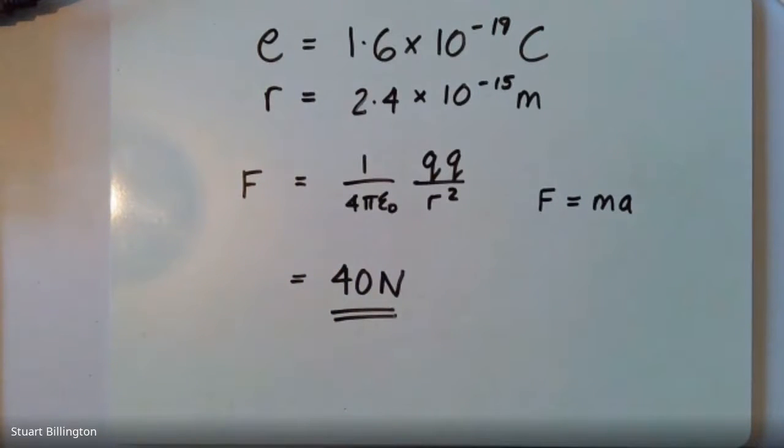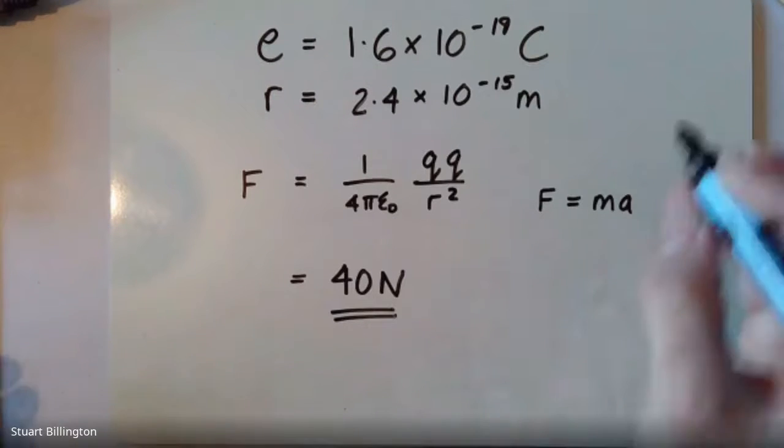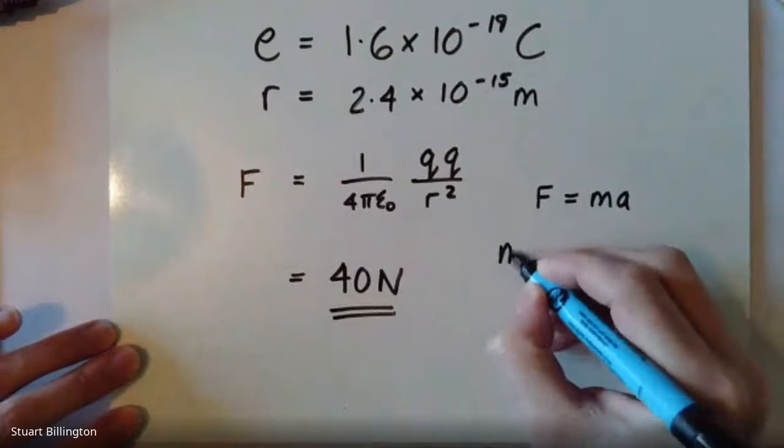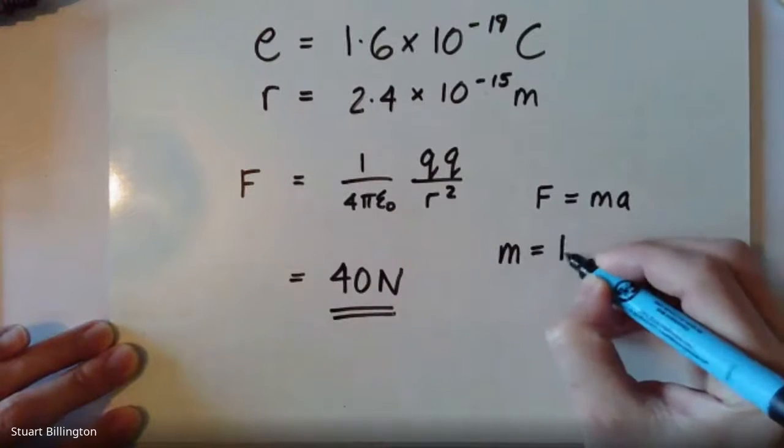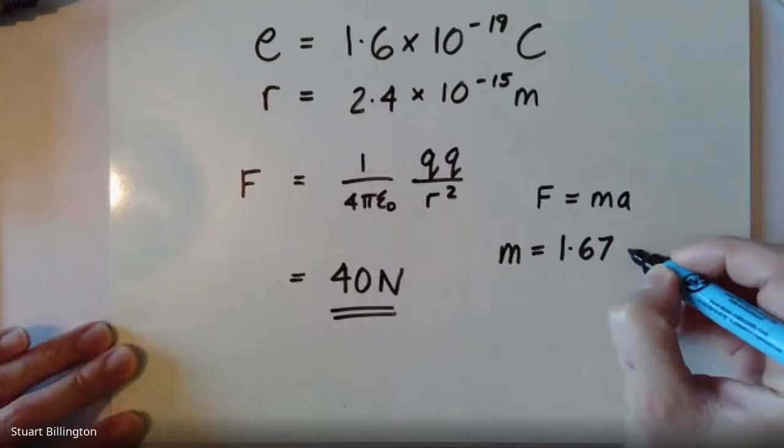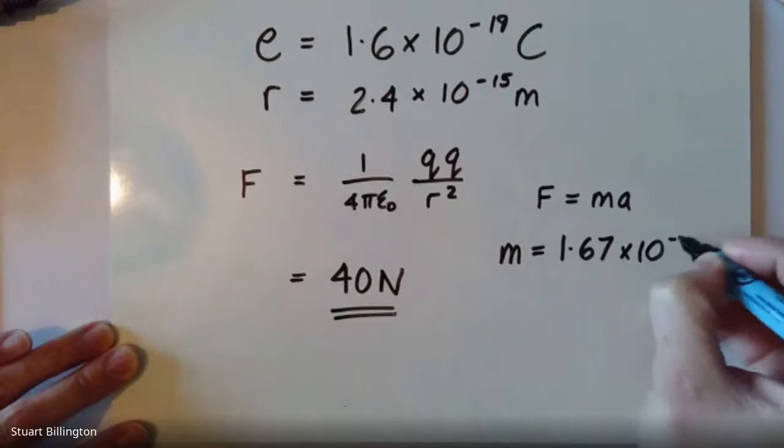So if they could hurtle apart, what would be the acceleration they would experience? And you're going to need the mass of the proton, which is 1.67 times 10 to the minus 27.